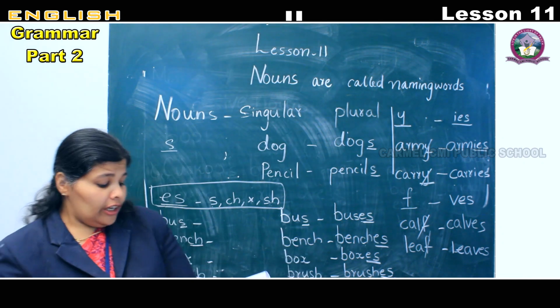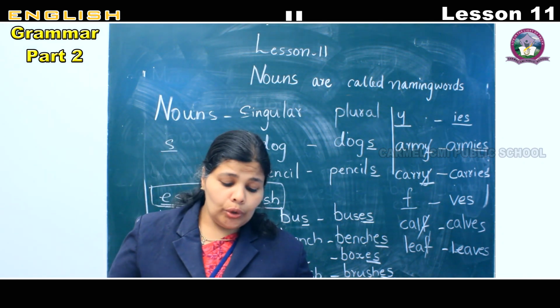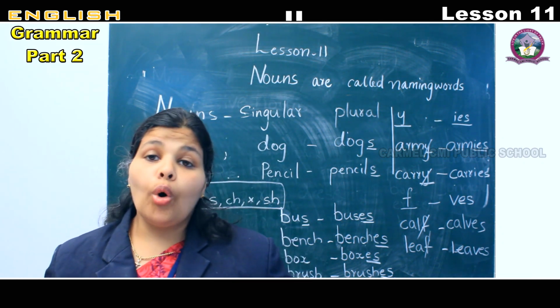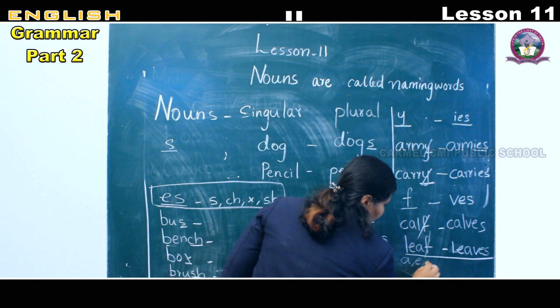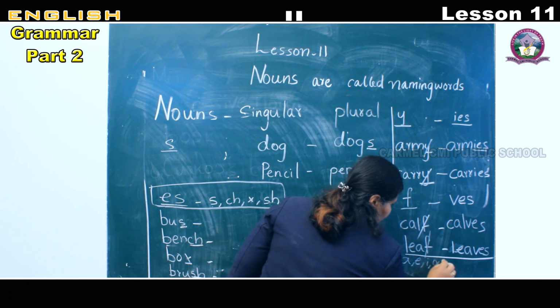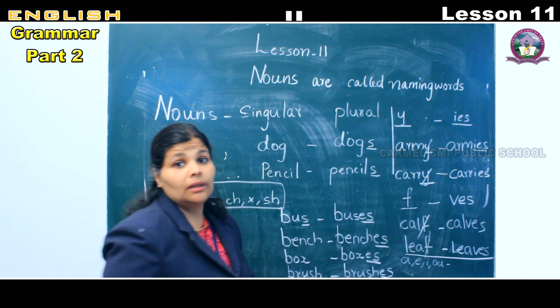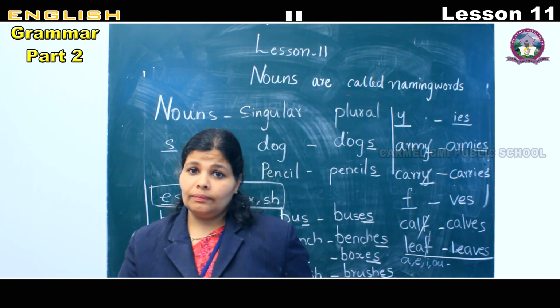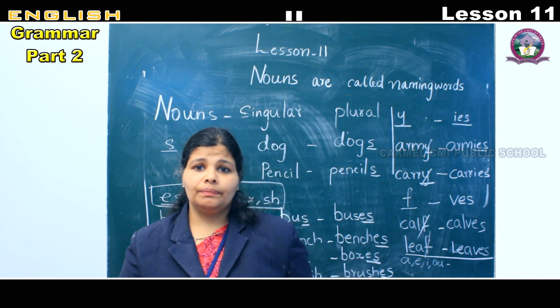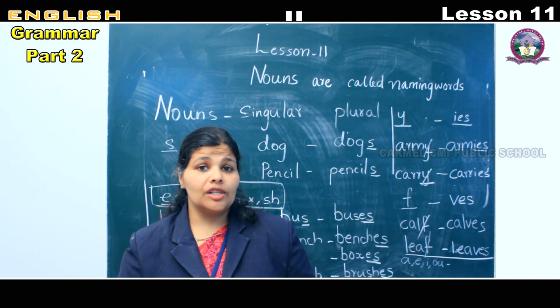Now next, if there is A, E, I, O, U vowel before Y. Now, A, E, I, O, U. We learned in class 1 what is a vowel and what is a consonant. 26 letters. I told you in class 1.